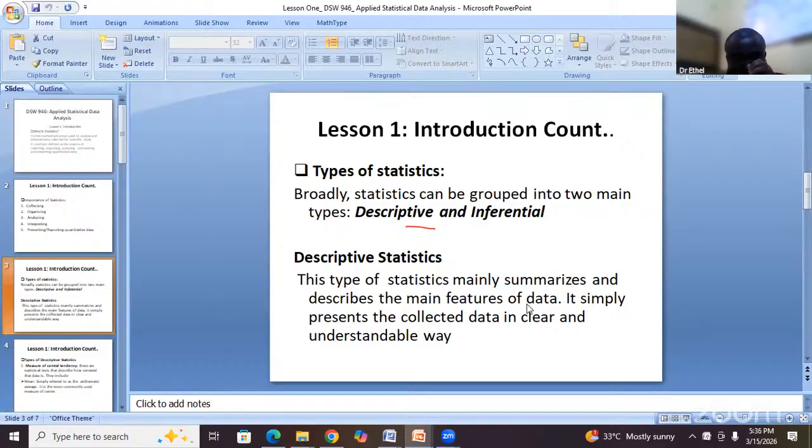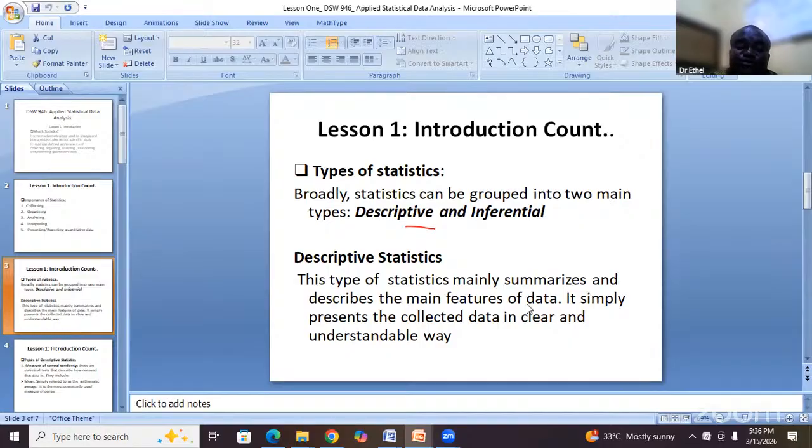If you decide to collect their names and maybe the secondary school they attended, statistics will help us summarize it clearly, like we say 50% of these students attended private secondary school, 25% attended missionary secondary school, and the rest attended community secondary school.